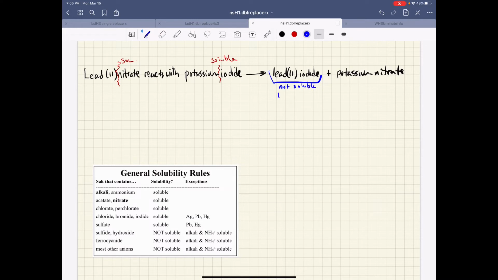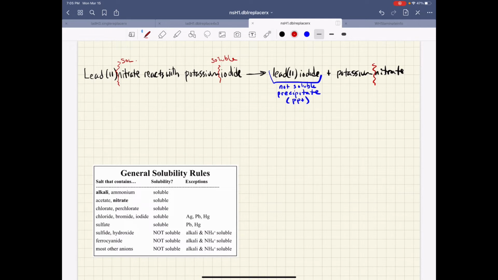That means we're going to call it the precipitate, which we symbolize with PPT. The second compound, potassium nitrate, is an alkali nitrate, and that certainly will be soluble. And so this substance will be broken apart. Remember, when ionic compounds are soluble, they break apart into separate ions.